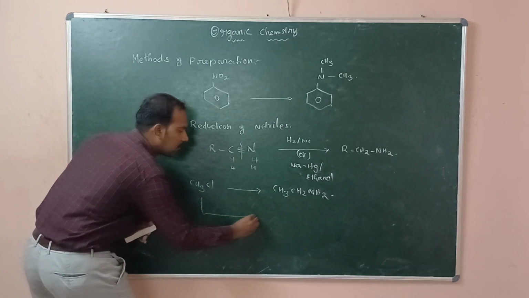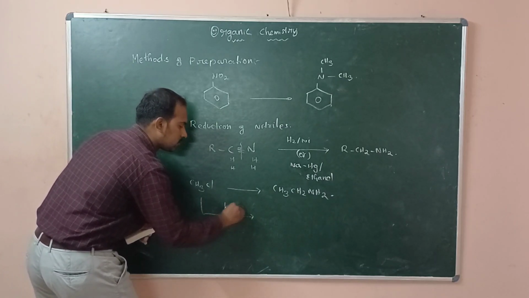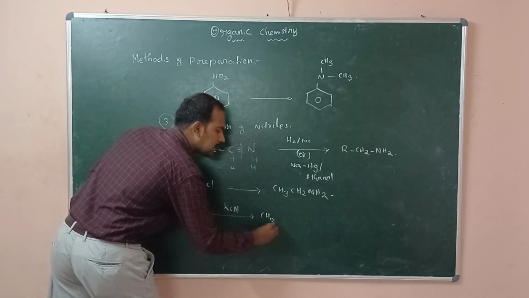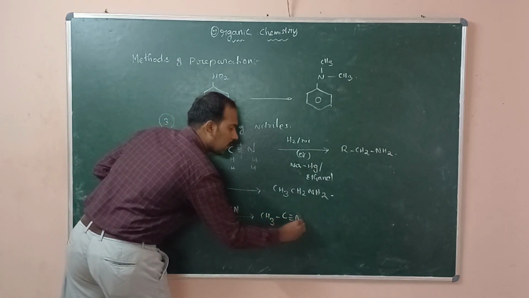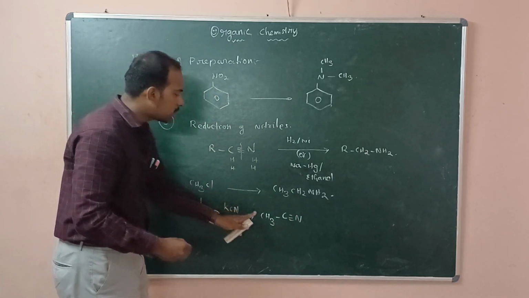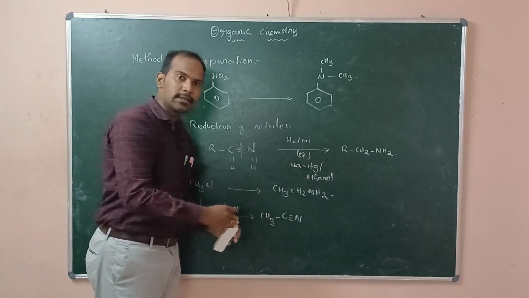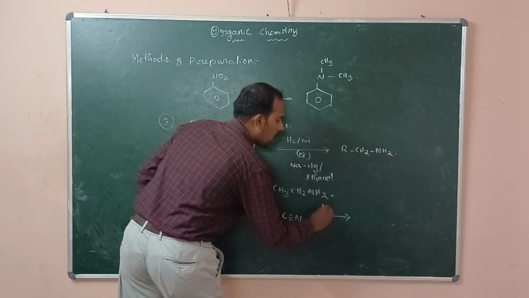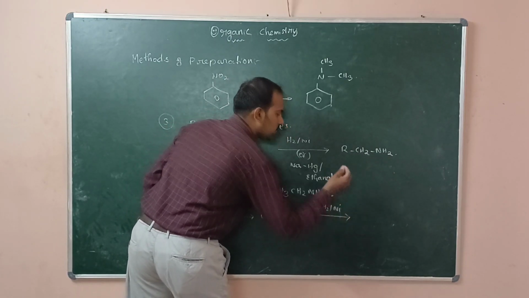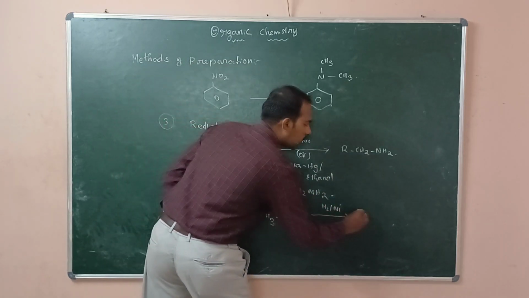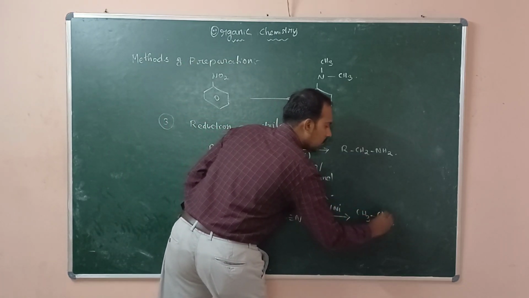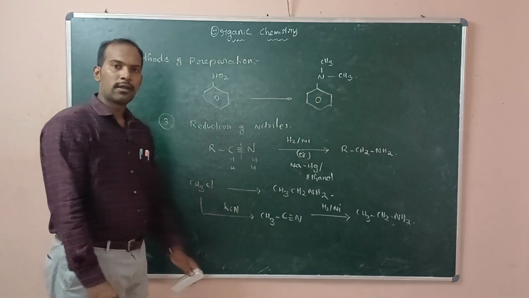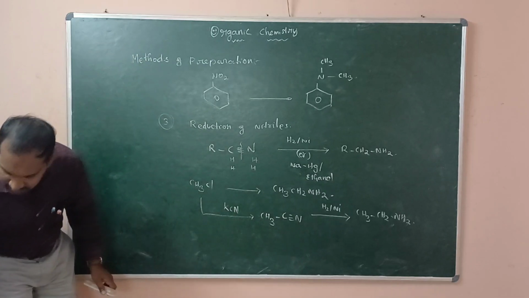We have to add KCN. So CH3Cl is converted to CH3CN. Now to convert this nitrile to amine we can use hydrogen nickel, and here it is CH3CH2NH2. Clear, friends? Yes. Thank you.